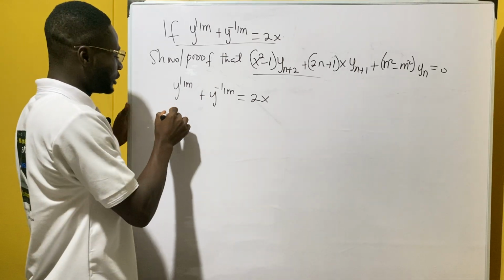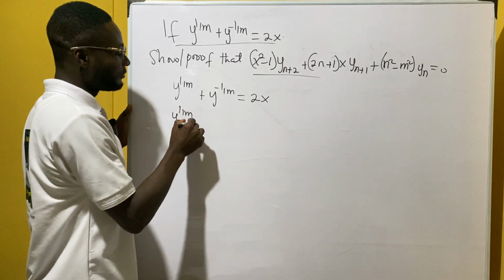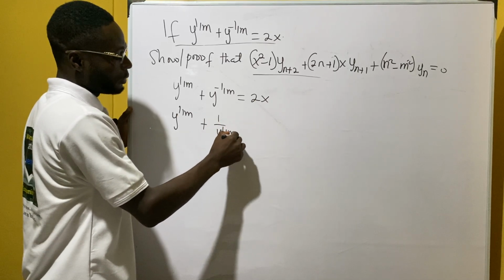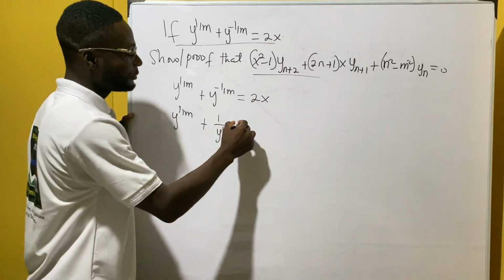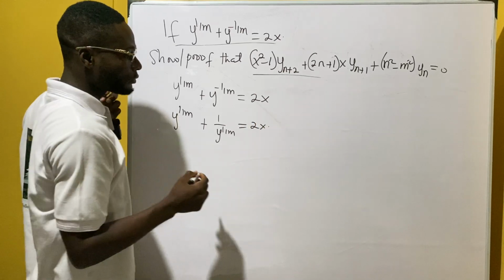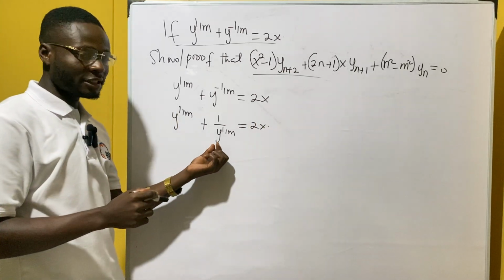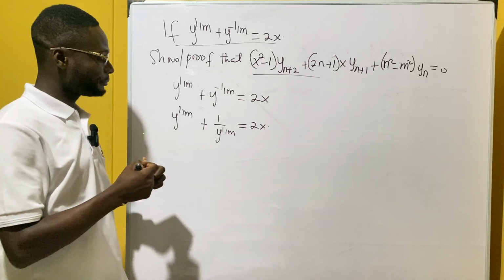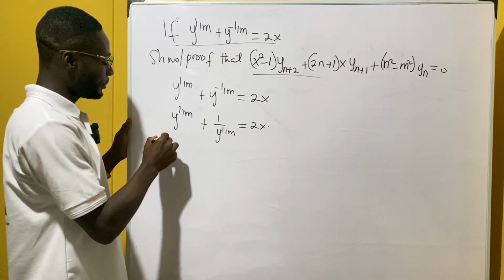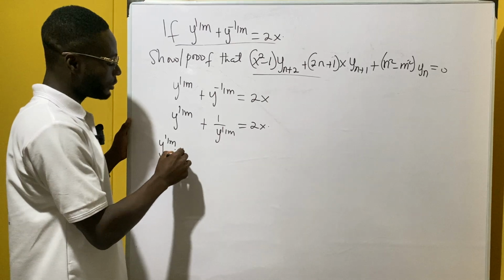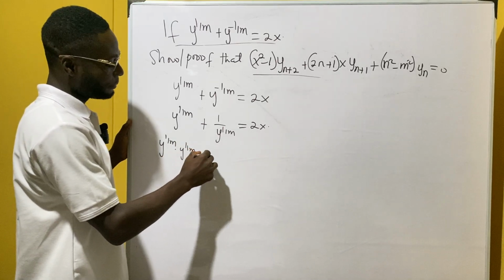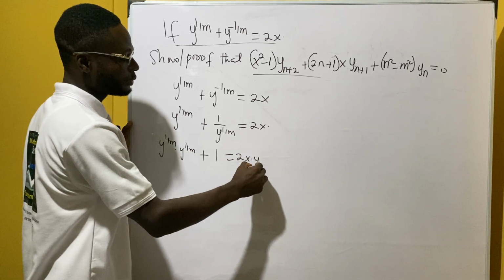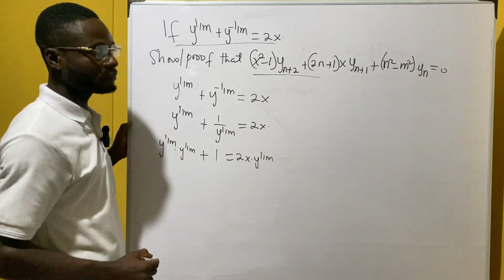So we are going to have y^(1/m) + 1/y^(1/m) = 2x. We can decide to multiply through by y^(1/m). So we have y^(1/m) times y^(1/m) plus 1 should be equal to 2x y^(1/m).